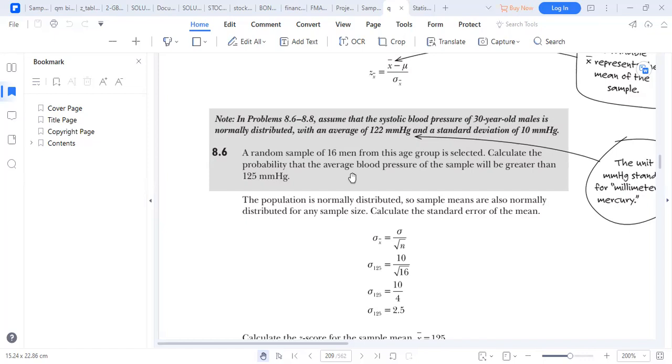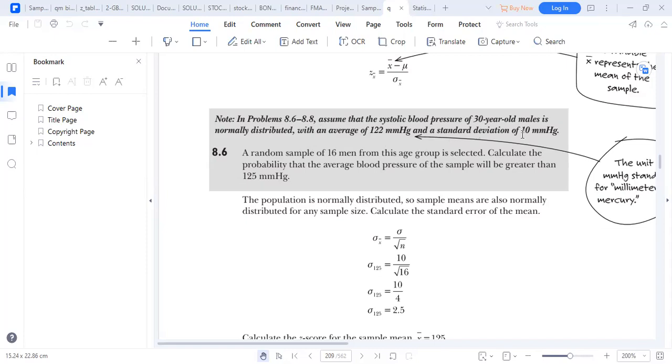So we are looking at an example where the systolic blood pressure of 30-year-old males is normally distributed with an average of 122 mmHg and standard deviation of 10 mmHg. So we're being asked to firstly calculate our standard error.